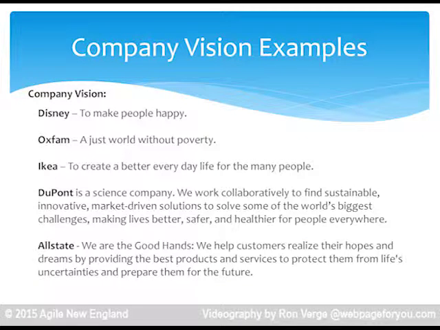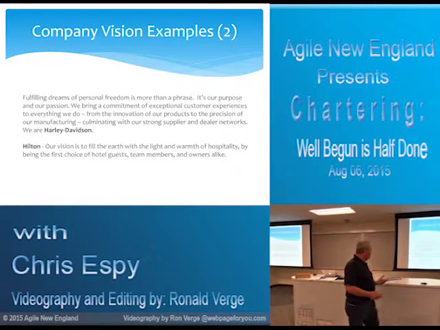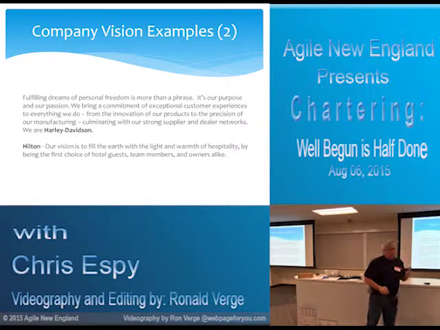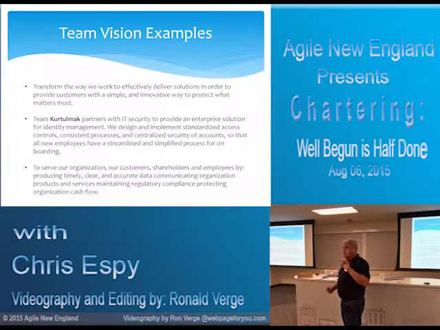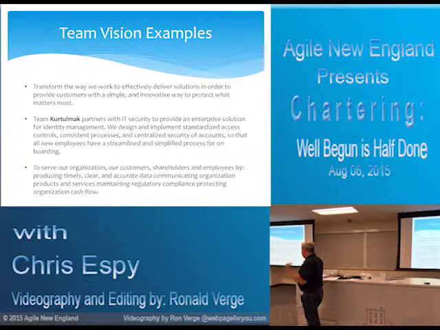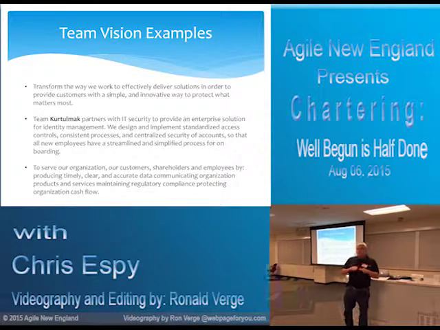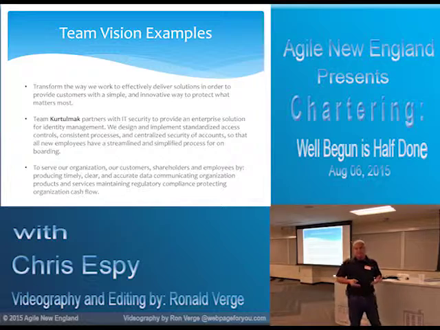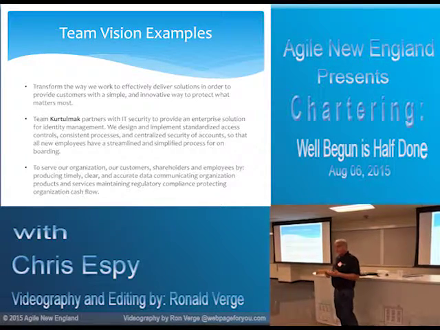DuPont is pretty long, but everybody has probably seen company visions. I'm not really talking about a company vision. What we really want to talk about is a team vision that may be informed by the company vision, but hopefully will give the team some identity separate from the company as a whole.